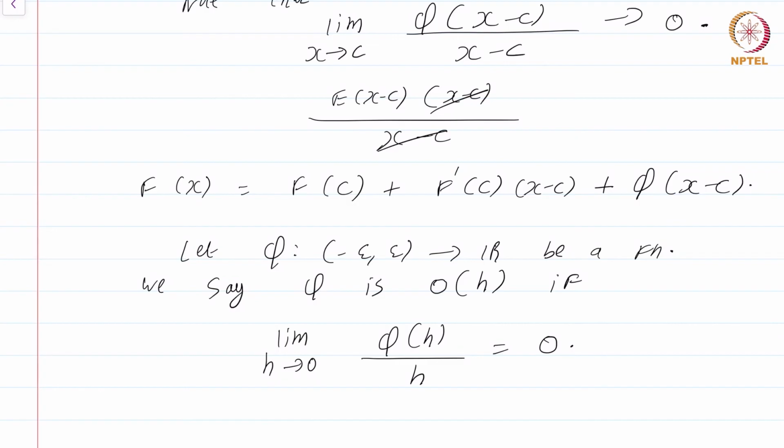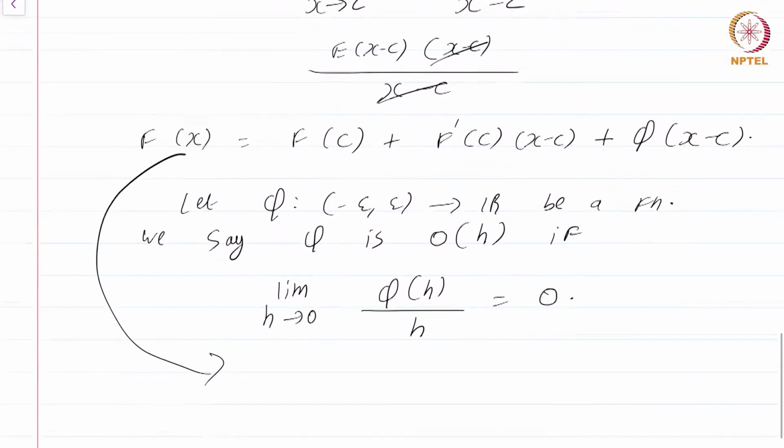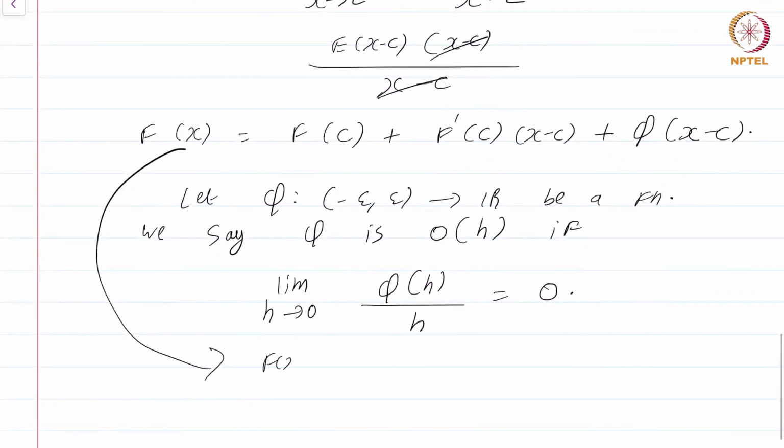Okay, so this little o notation, if you are a theoretical computer scientist familiar with computational complexity, is used extensively there. It sort of measures the growth of a function. So what this essentially says is that f of x equals f of c plus f prime of c into (x minus c).